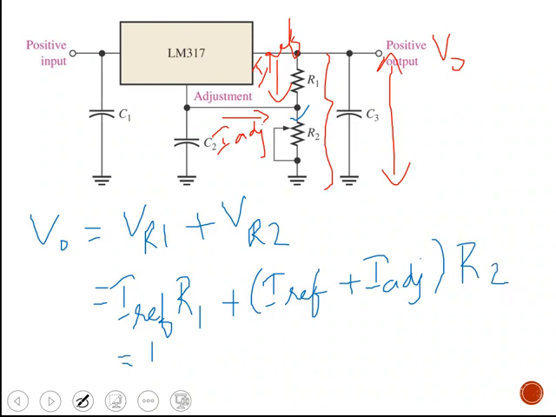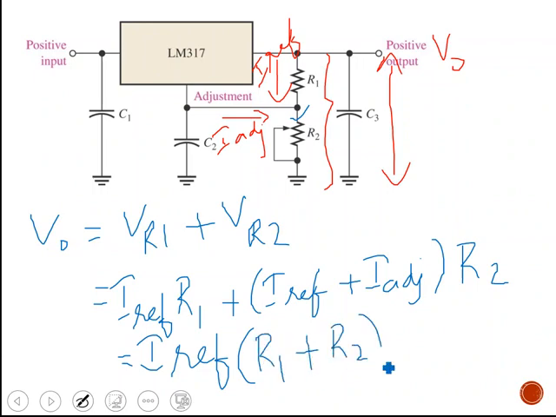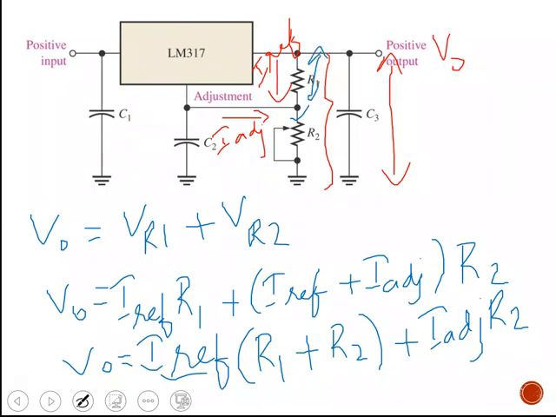We take the terms related to I reference together. So we can rewrite this as I reference into R1 plus R2, plus I adjust into R2. This is V0. Now, the I reference we write in terms of V reference. This is the voltage across R1, we write it as V reference.